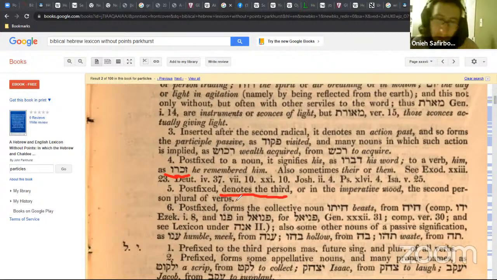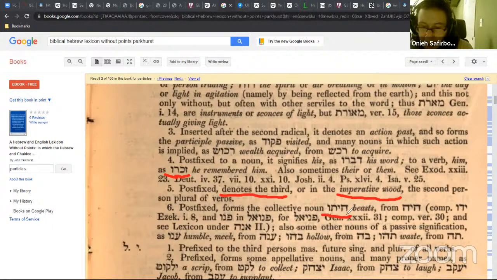The third person plural of verbs is marked by the wa letter at the end. And if it's an imperative verb, it signifies the second person plural if you add wa at the end. At the end of nouns, it makes them collective nouns.